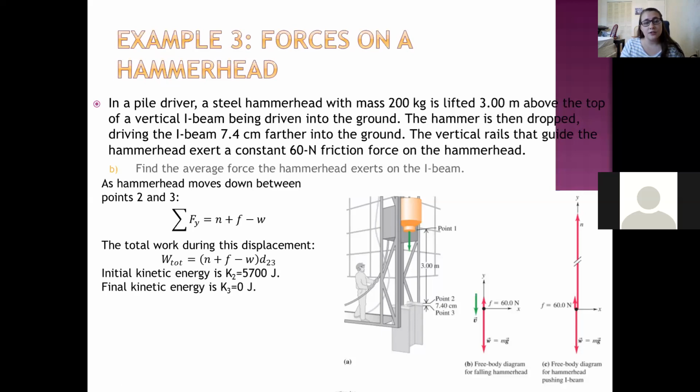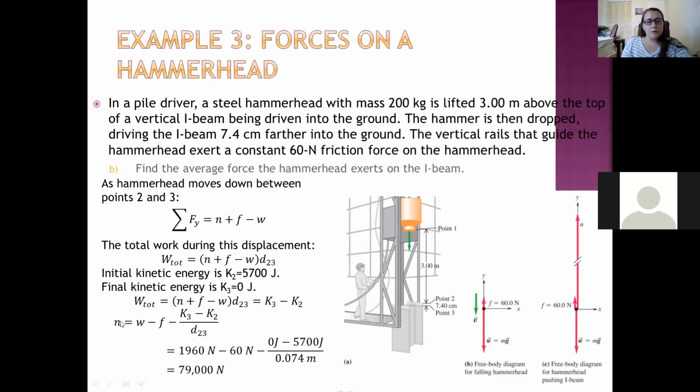Its final kinetic energy is 0 because at that point it's at rest once it's reached its bottom point. So the total work done on it then is the net force times its displacement, which according to the work energy theorem is the change in kinetic energy.